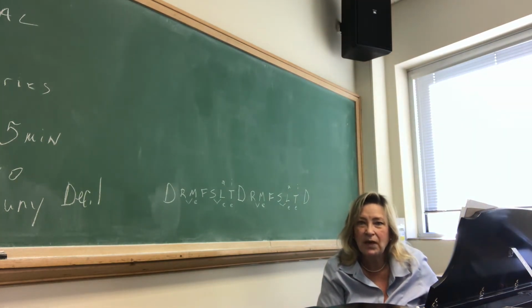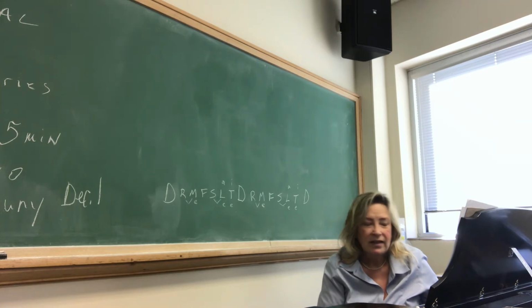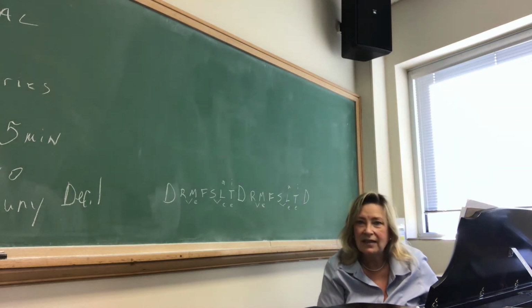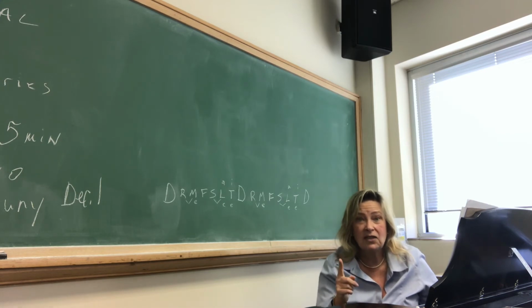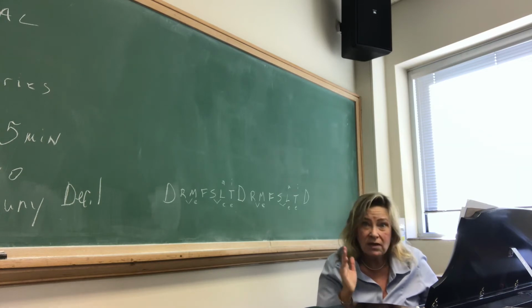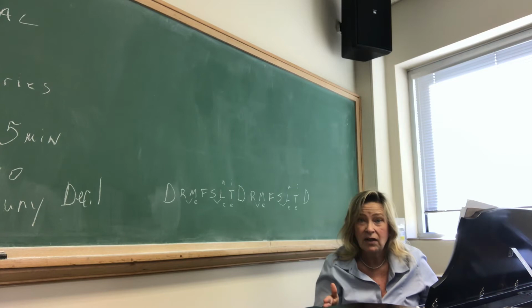And at this point in your careers, you're not going to see an accidental unless you're in a minor key. Now when you get into Aural Skills 3, that's going to change because you'll start modulating. But right now, for Aural Skills 1 and Aural Skills 2 next semester, that's going to be such an easy way to determine, am I in a major or a minor key?